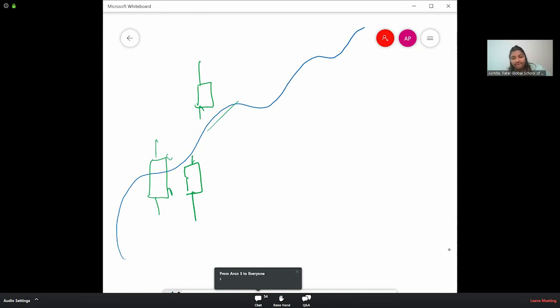Okay, let's understand what we mean. Can you see these three bands on the graph, everyone? These bands are called Bollinger Bands.